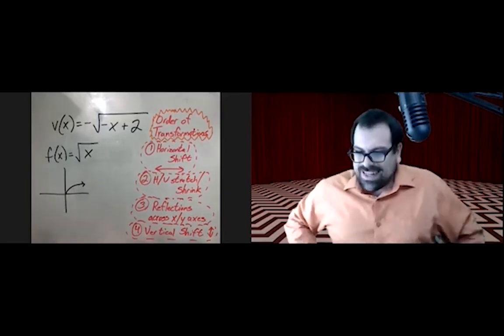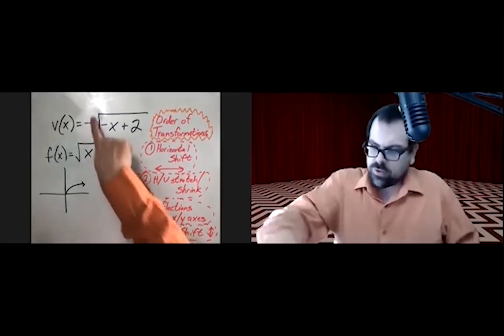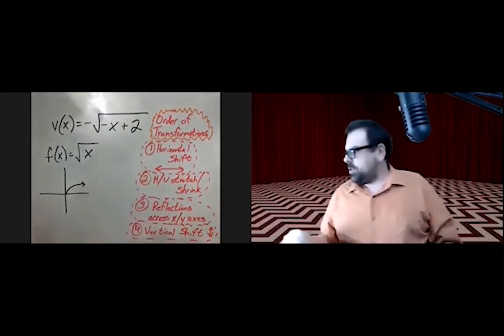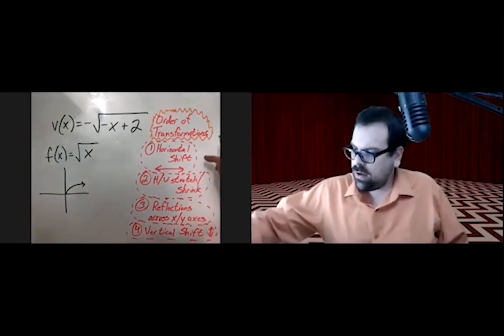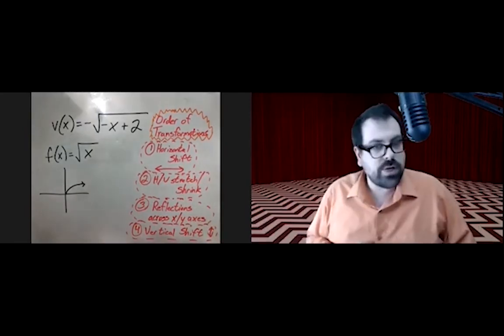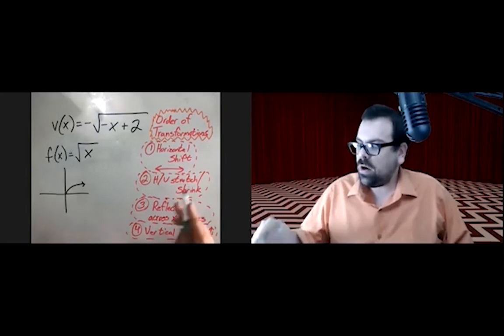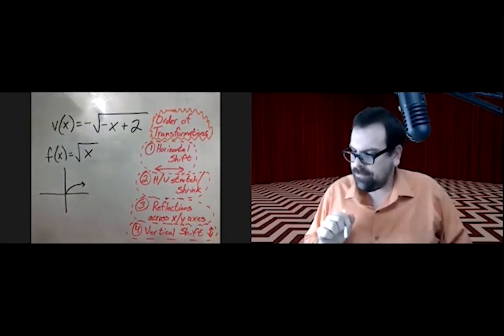So here, negative square root of the opposite of x plus 2. What our first transformation should be would be the horizontal shift.